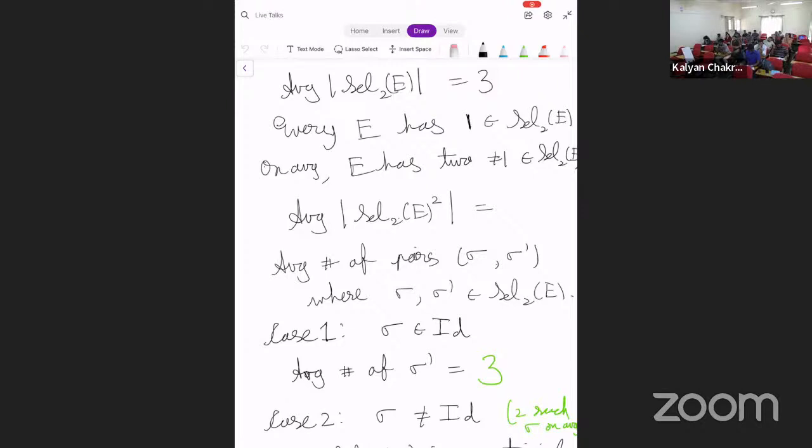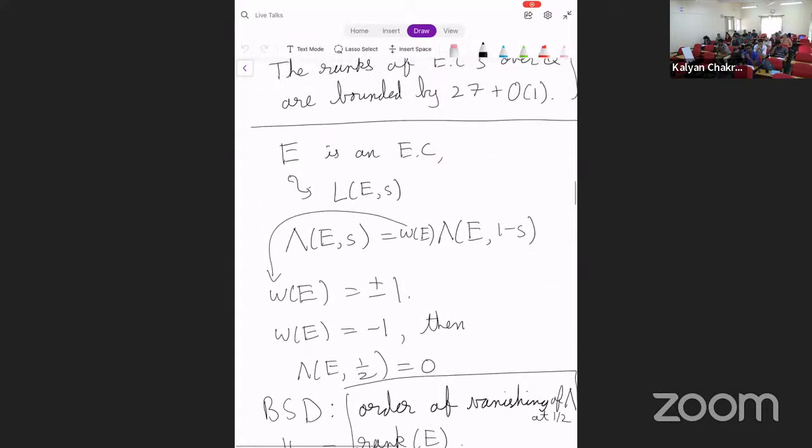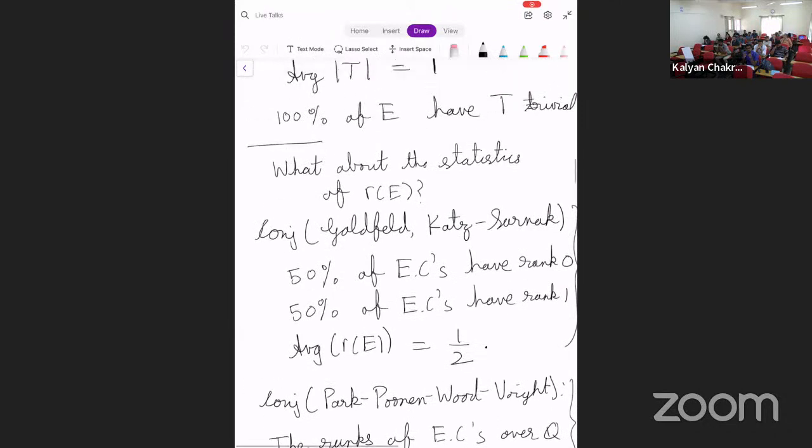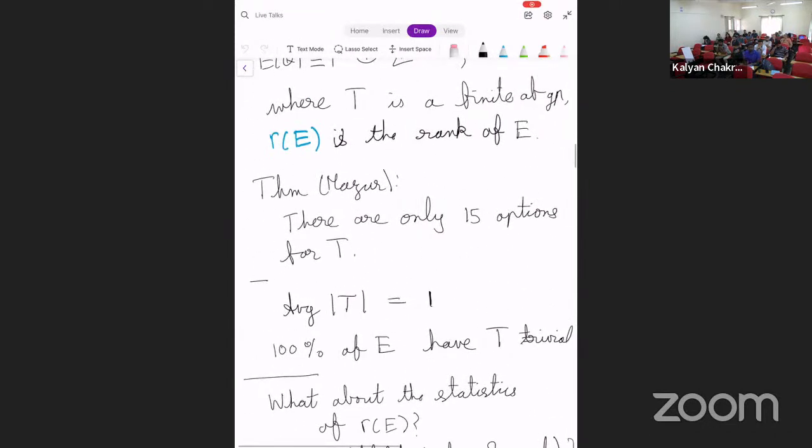I have another question. Earlier you were saying that 100% of elliptic curves satisfy this, or 50% satisfy this. Can you quantify how many elliptic curves do not satisfy these statements? That's an excellent question as well.